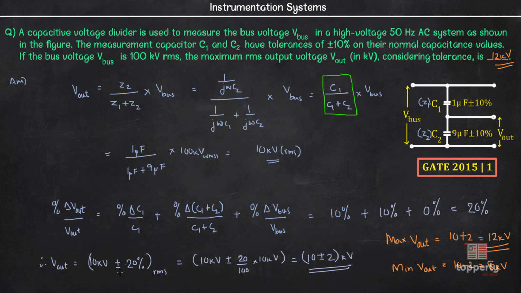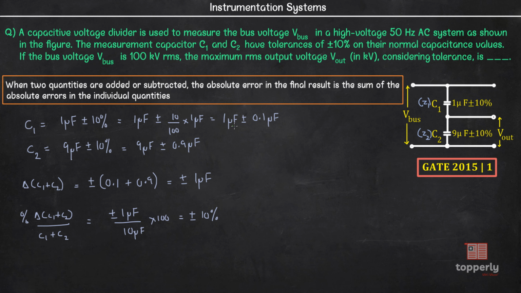The maximum value of C1 is 1 microfarad plus 0.1 microfarad, so C1 max is 1.1 microfarad. And the minimum value of C2 is 9 microfarad minus 0.9 microfarad, which is 8.1 microfarad.